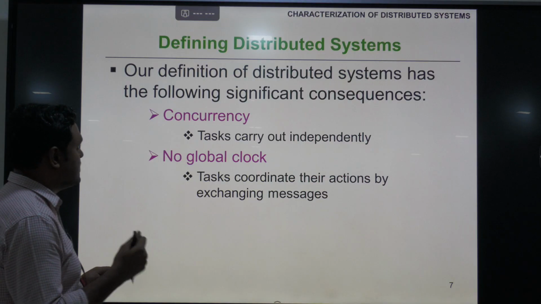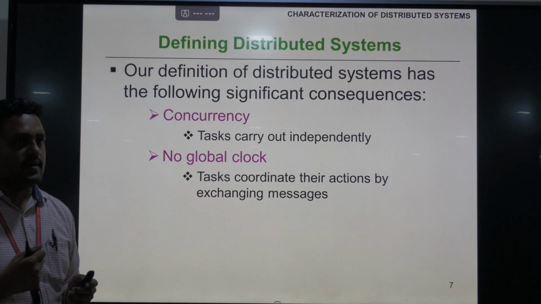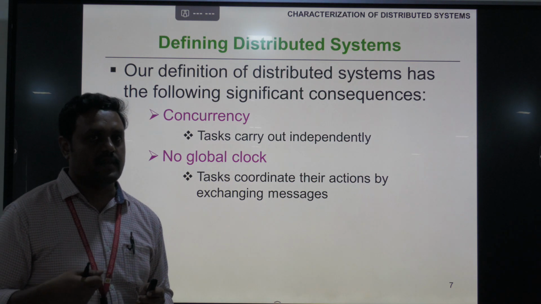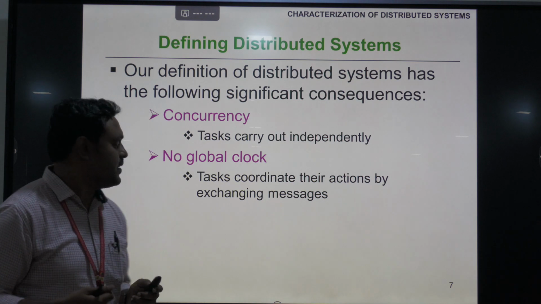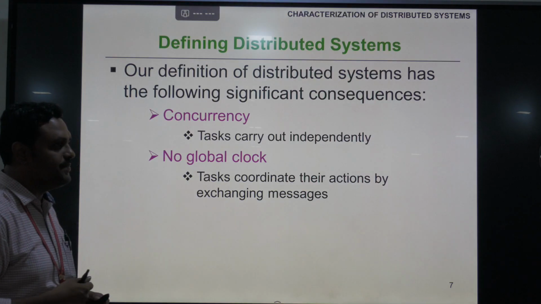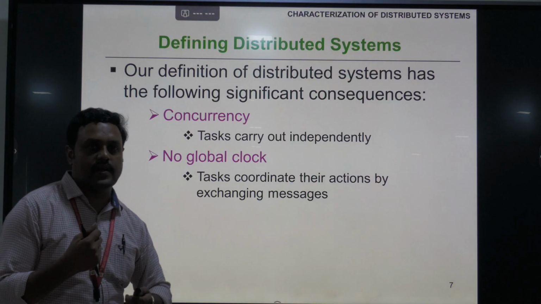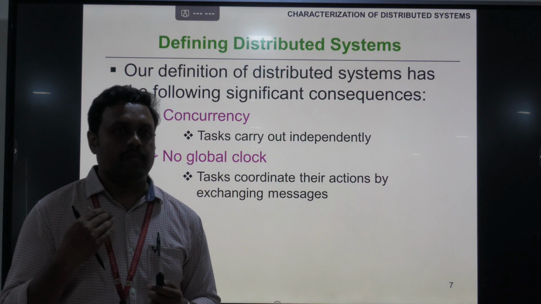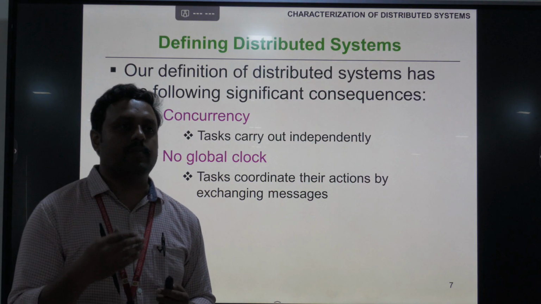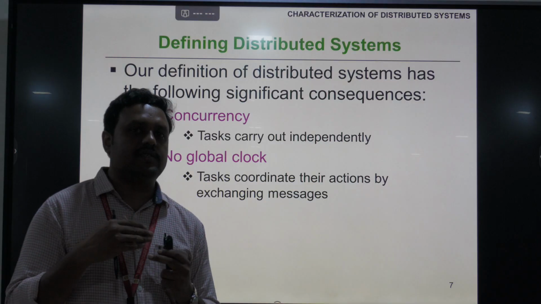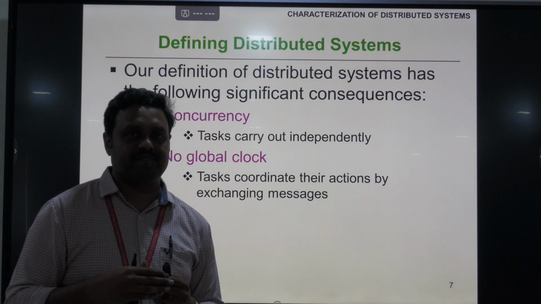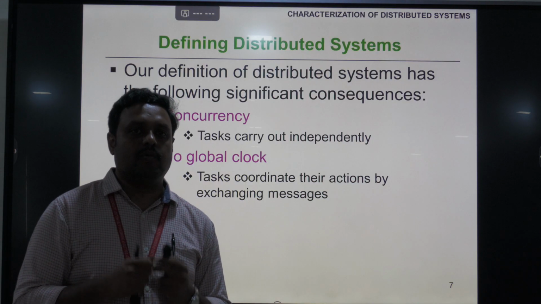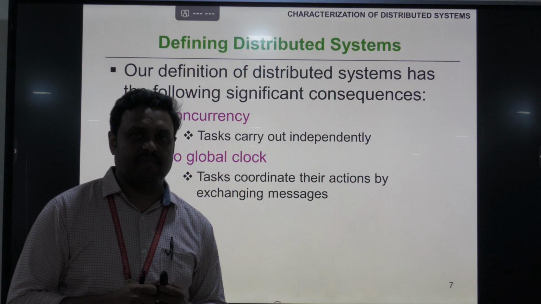And next, our definition of distributed systems has the following significant consequences. Whenever you achieve distributed systems, there will be some consequences related to that. Let us see them one by one. The first one is concurrency. In a distributed network, as we said, systems communicate and coordinate by means of message passing. So multiple messages have to be shared with the other systems in the network. This happens only when there is concurrency.